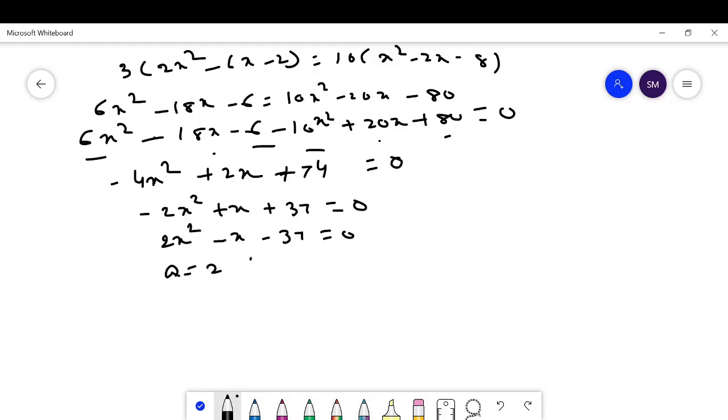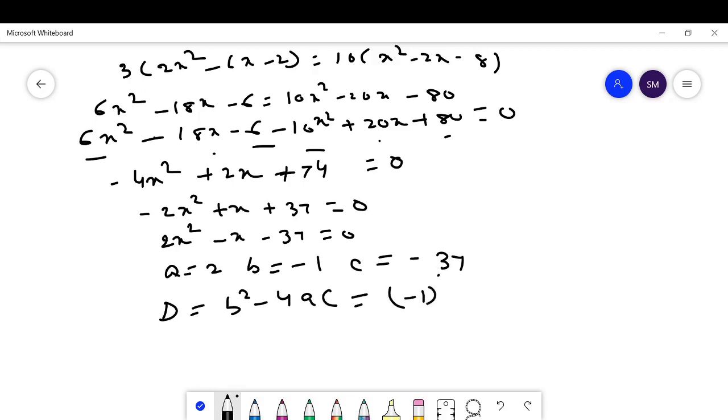Here a equal to 2, b equal to minus 1, c equal to minus 37. Then D equal to b square minus 4ac, which equal to minus 1 square minus 4 into 2 into minus 37.